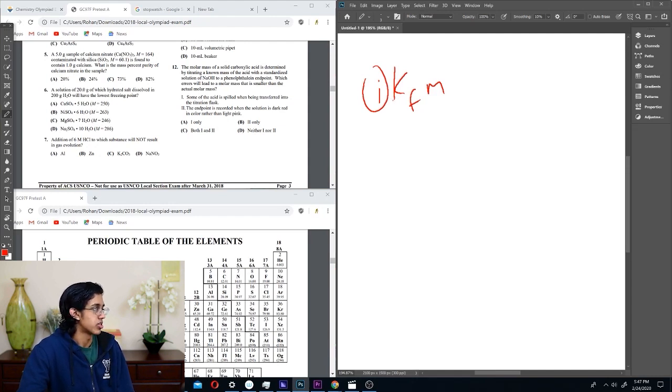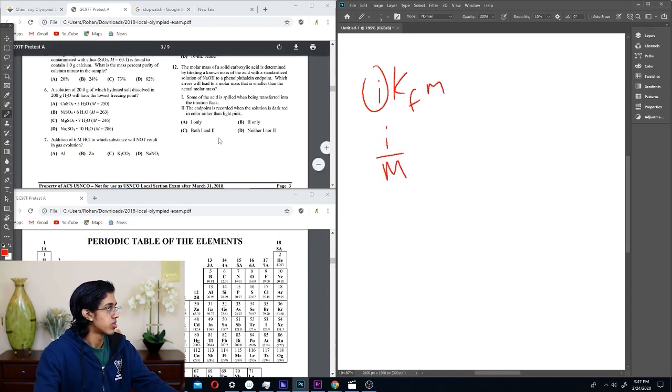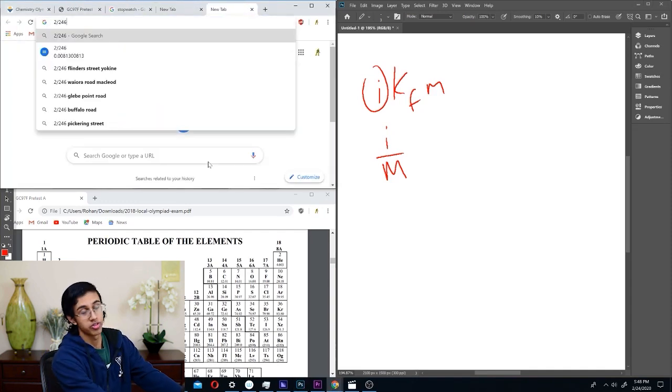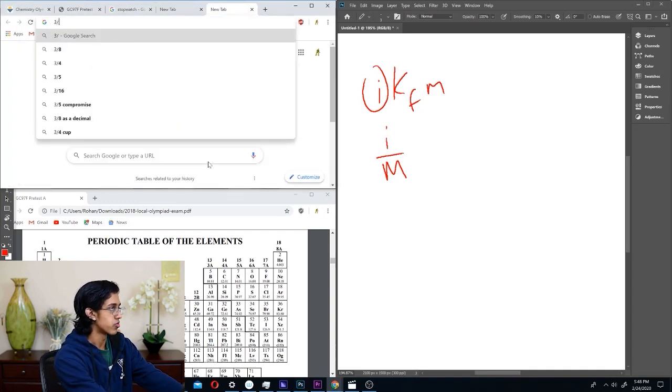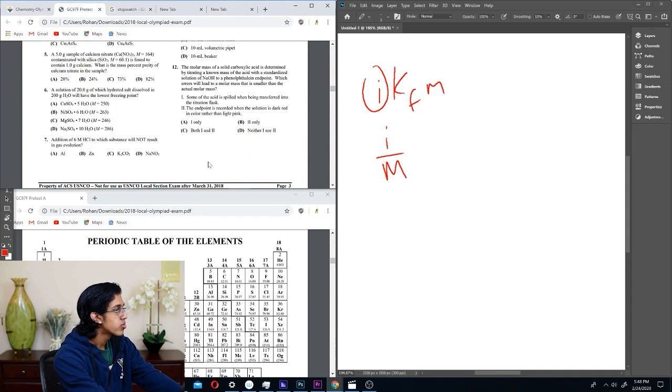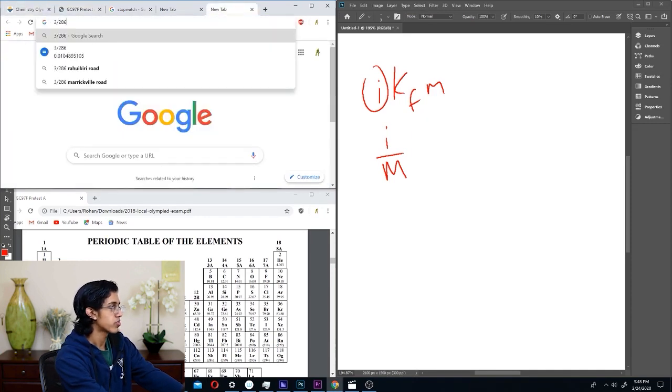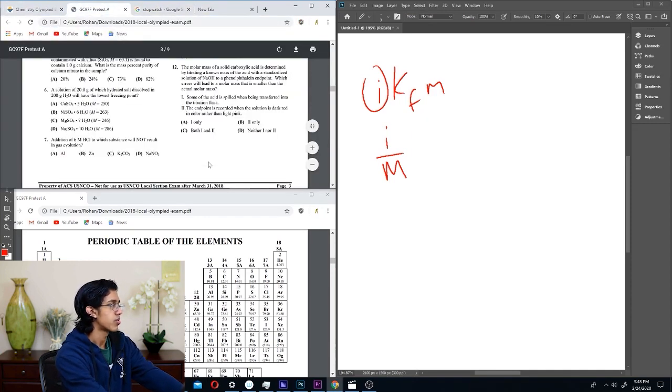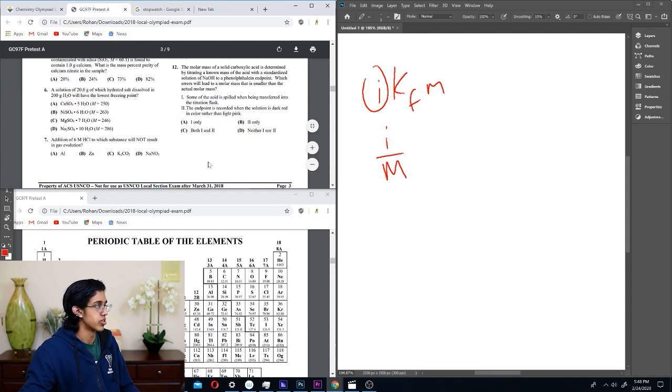So we would take C, but then we have to check whether it's better than D. It's proportional to i and inversely proportional to molar mass. So 2 over 246 is 0.008, and then the other one was 3 over 286. So this is a little bit bigger, so it's going to be D.